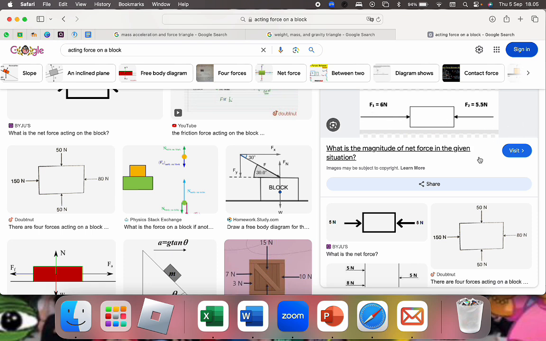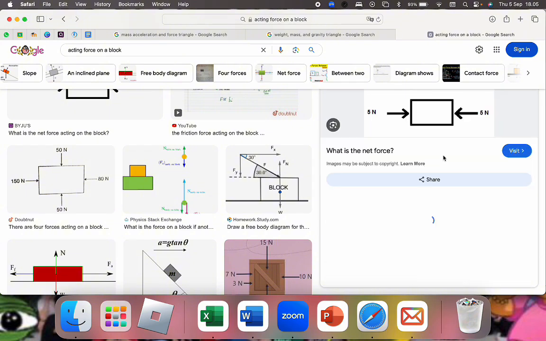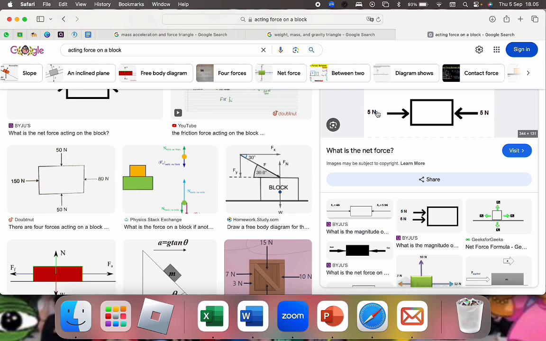However, in the event you get a question like this, as you can see, there's 5 newtons pushing to the right, and at the same time 5 newtons to the left. Now if we get opposite forces pushing in opposite directions but with equal magnitude, equal amount of newtons, then you can easily just cross them off your counting list, because you don't need to count them.